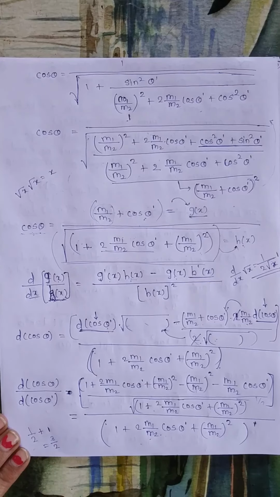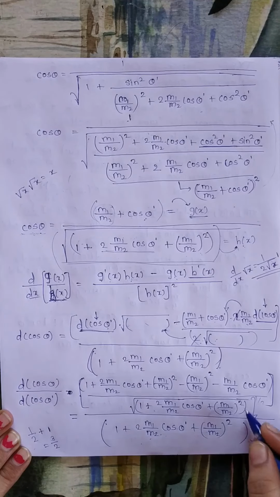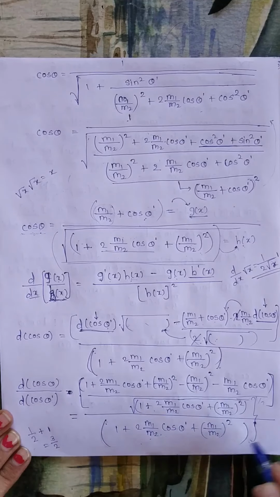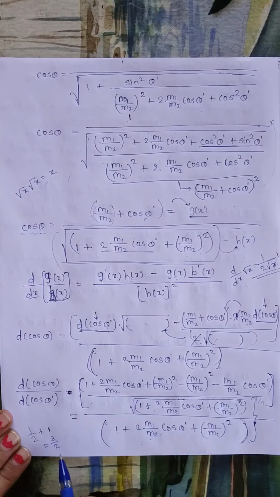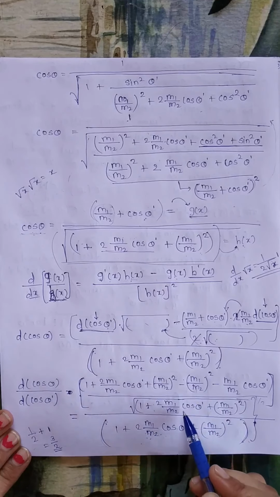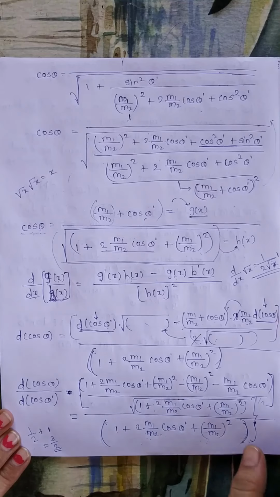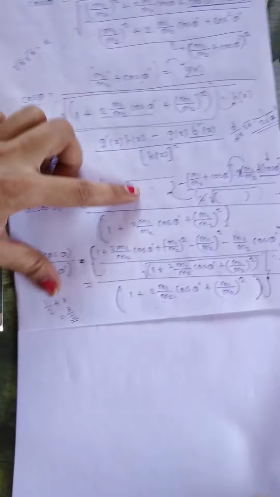Means I will simplify these two terms and write just the term which will have power 3 by 2, because 1 upon again 1, that is reciprocal of reciprocal, is the same quantity. So we can take addition of the powers of these two terms.